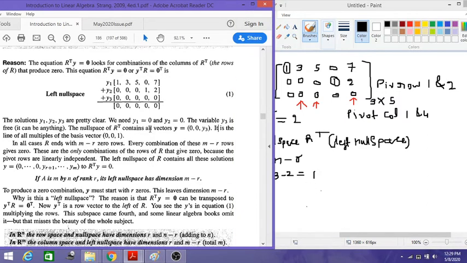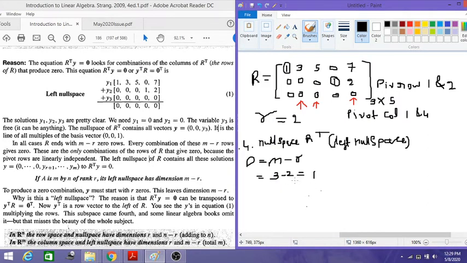That can be written as, for example, we have the matrix here. This can be written in terms of R transpose into Y is equal to 0, then the left space can be written in terms of, say, y1 into the first row, that is 1 comma 3 comma 5, because now it is in terms of transpose.